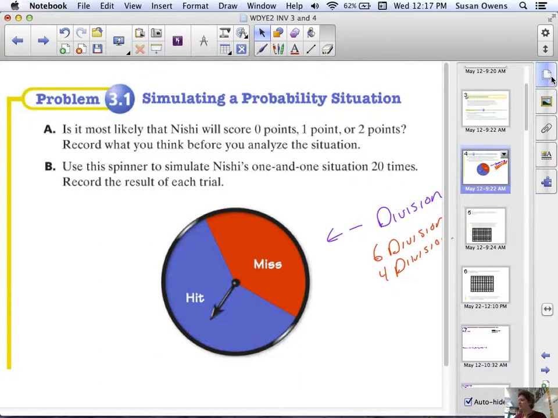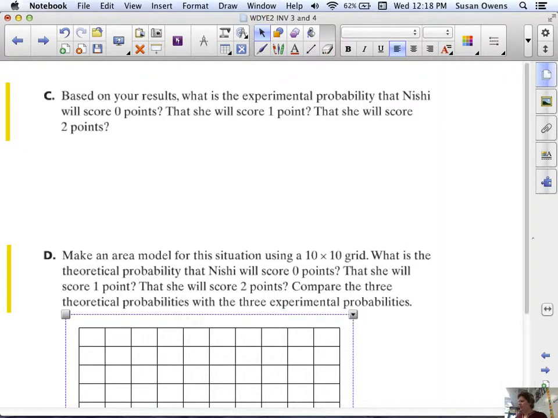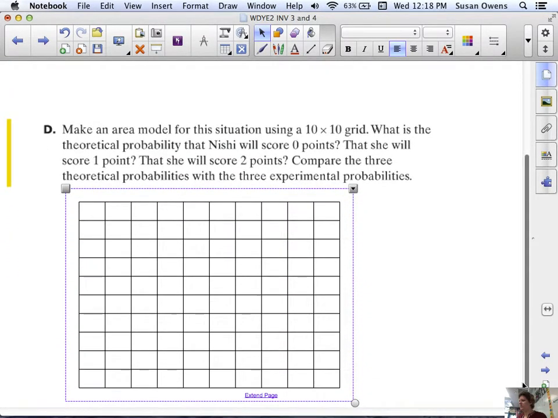When you're done, we're going to take a look at some that's experimental, and then some theoretical. First you're going to write, based on your experiment, what's your probability? Then part D wants you to look at theoretical. They want you to make an area model for this situation using a 10 by 10 grid.